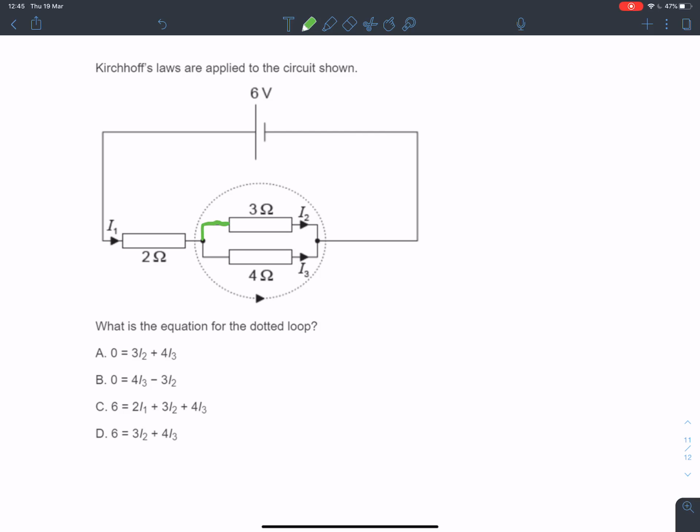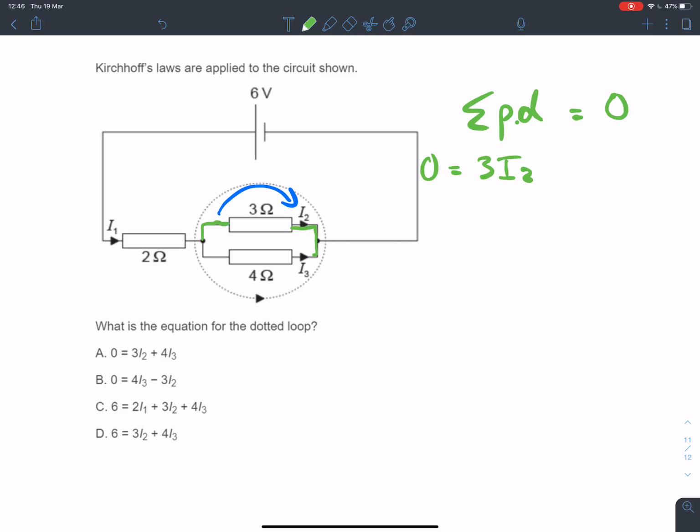So here, we've got no EMFs in this loop. So my sum of my potential differences will equal 0. Well, here, what's the voltage across this guy? Well, it's going to be V equals IR, so it's going to be I2 times 3.